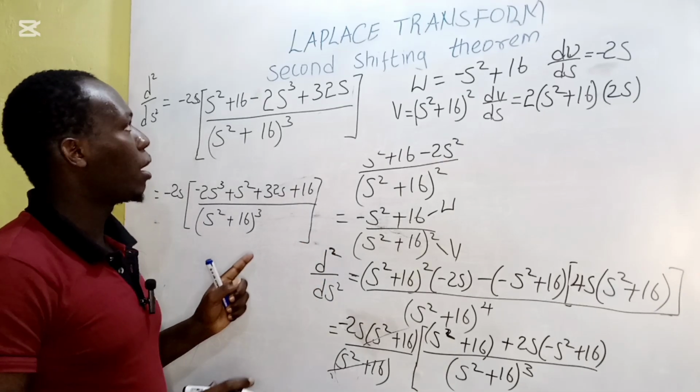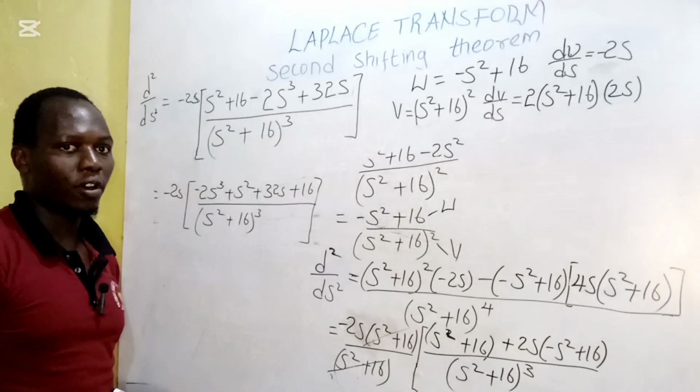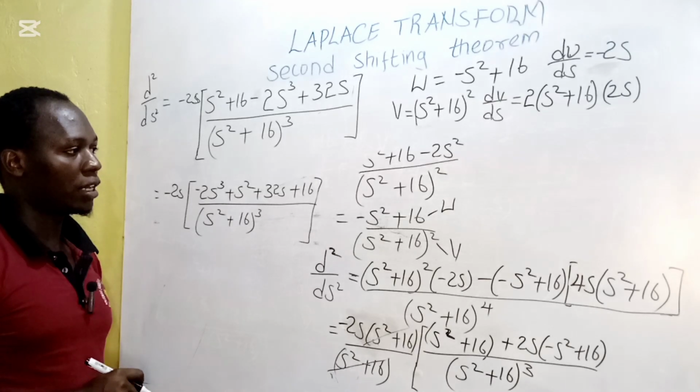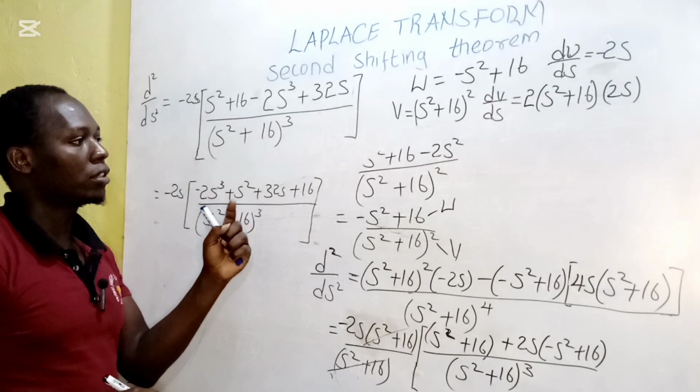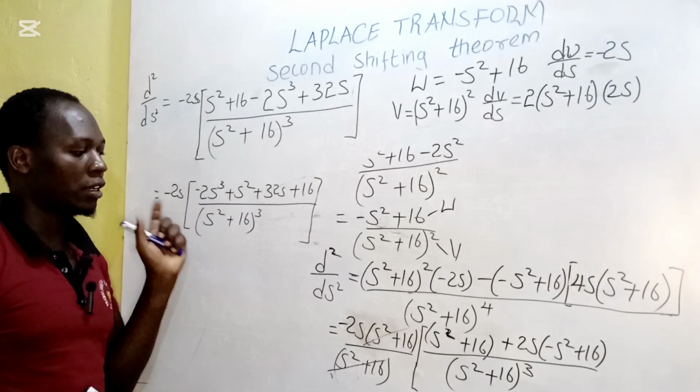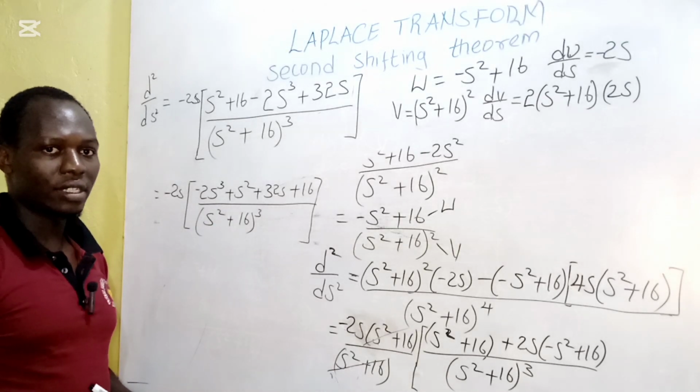And this is how you go about finding the Laplace transform of a function given like that. You must first do your first differential, second differential, and then you leave your answer in its simplest form.